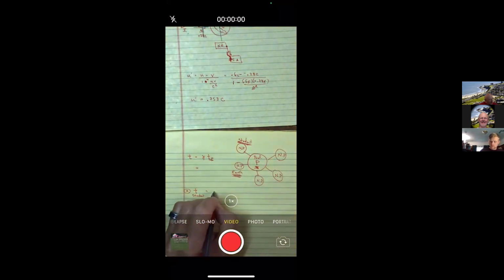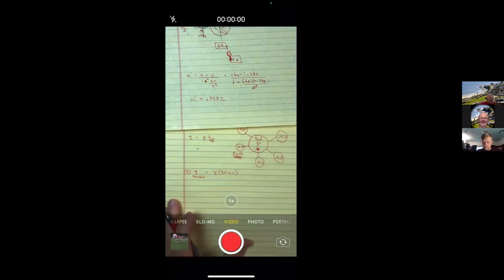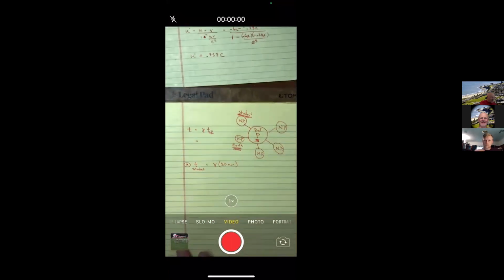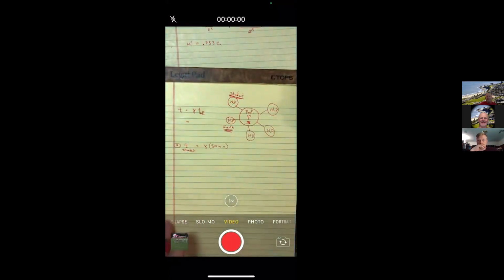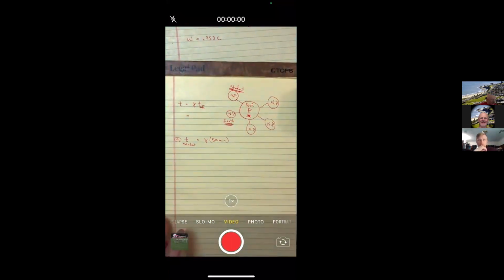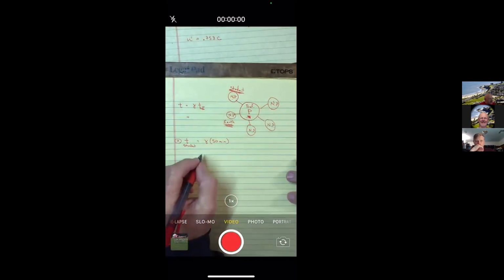So I need this gamma factor and then the proper time. What really makes these problems the hardest is figuring out which one is the proper time. You've got to read that really carefully. If the clock is on the professor's ship and the professors say it's 50 minutes, they're telling you the proper time is 50 minutes.